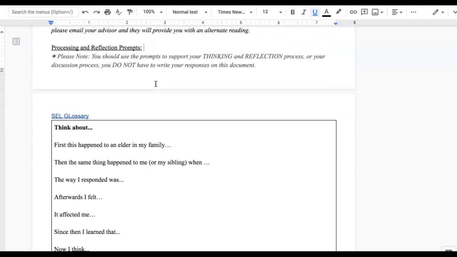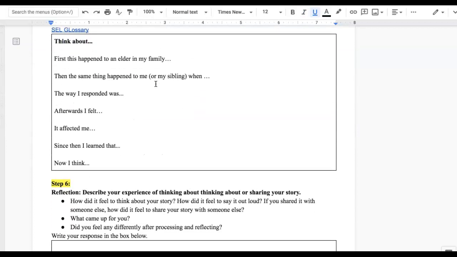So here are the things that you'll think about in your quiet space. Here is a list of things that you want to say to yourself. You want to say these things out loud, declare them, so that you can hear your voice as you're saying and processing these things.